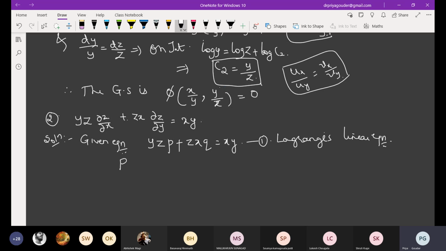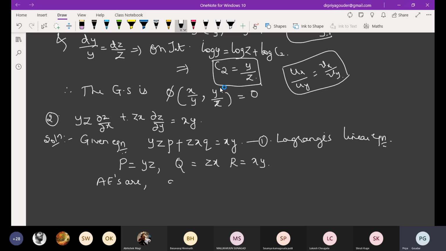What is P? What is Q and what is R? yz, zx and xy. What is to be written next is the auxiliary equations.